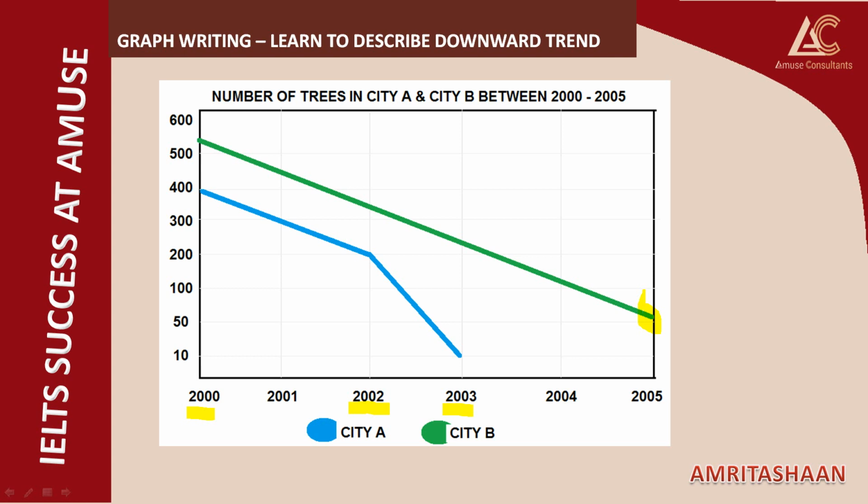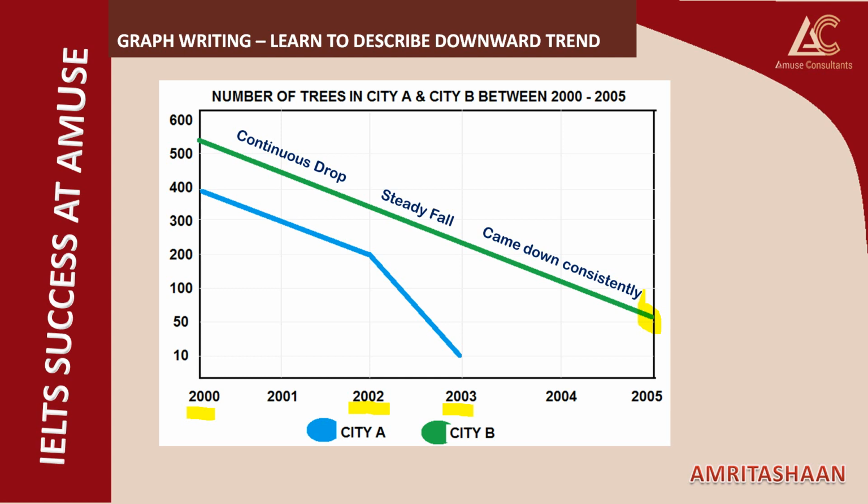So let's check the trends, the phrases that I have used to describe the trends. We are not going to focus on figures presently because our objective is to check how we can describe the different trends. So constant fall can be described, continuous drop, steady fall, came down consistently.